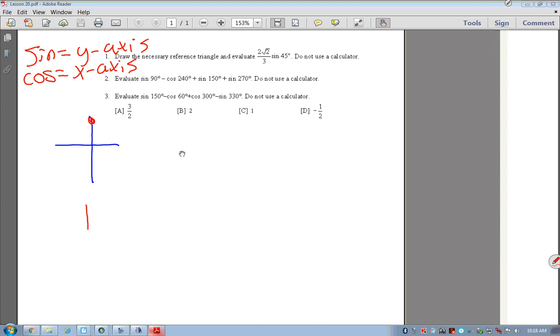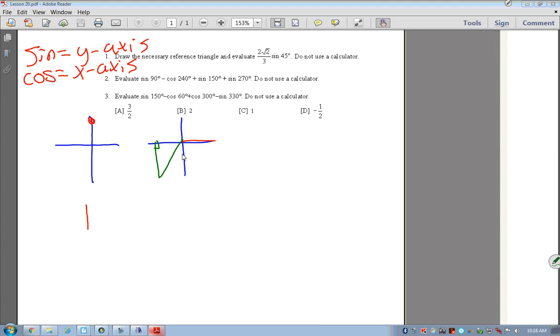You got it? Okay. Now, for this next one, and I'm going to make a little coordinate plane for each of these. It says 240 degrees. Remember that this is my initial side. 240 degrees is coming around, but it doesn't come all the way to 270, right? So it comes here, and I always draw my reference triangle in relation back to the x-axis, never to the y-axis.